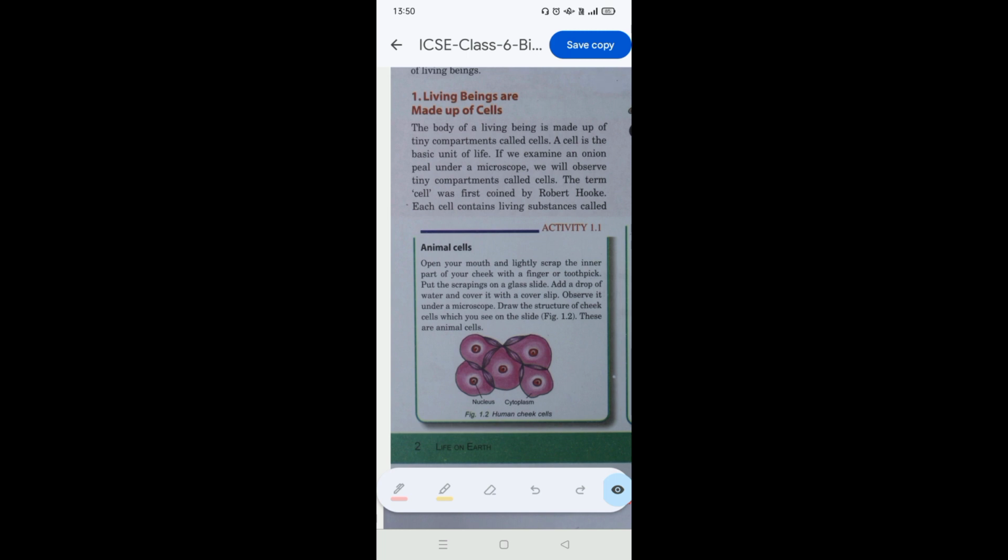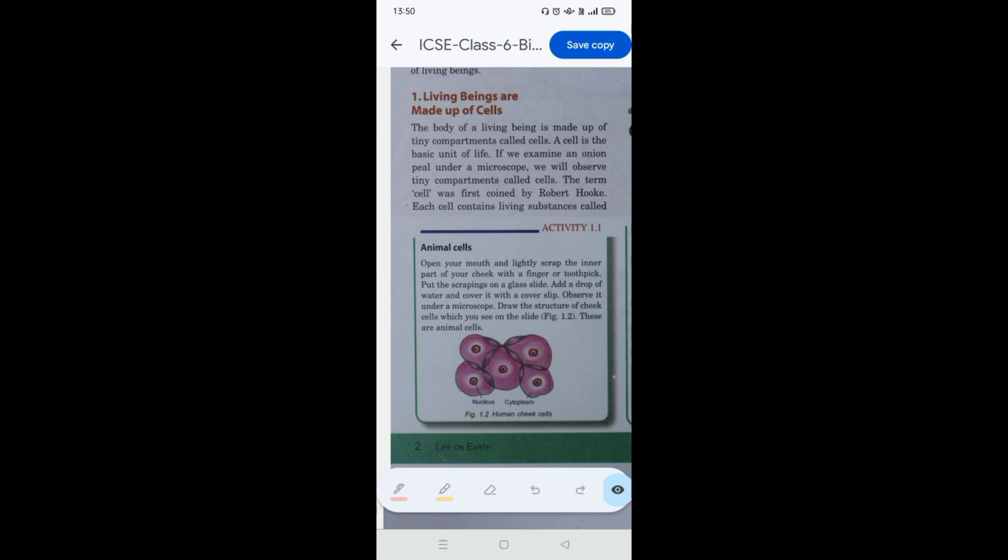If you observe this diagram, figure 1.2, you may see that these are cells of the human cheek. If we scrape some from under our cheek, put it on a glass slide and see these scrapings under a microscope, the picture would be like this, as given in figure 1.2.